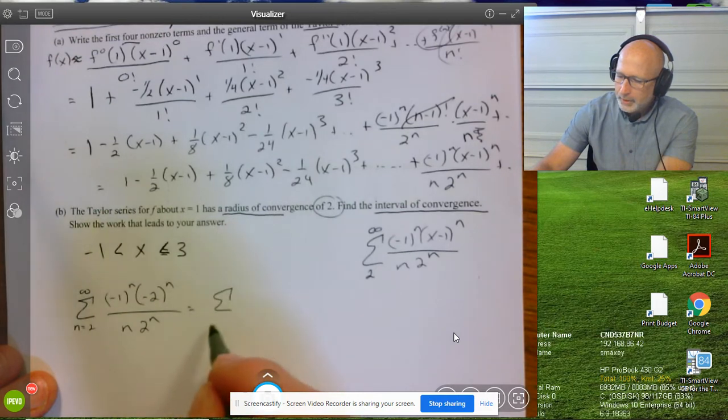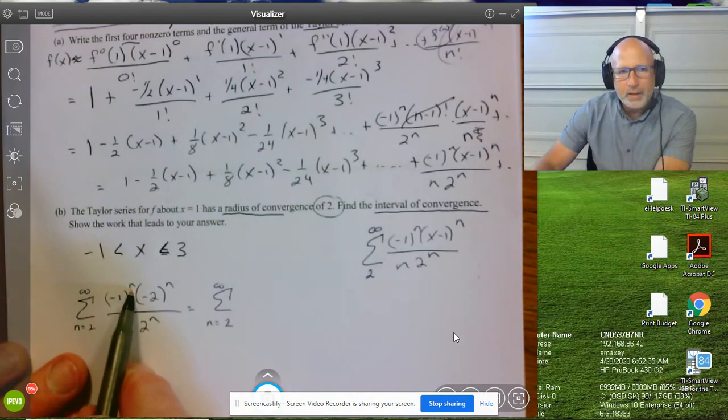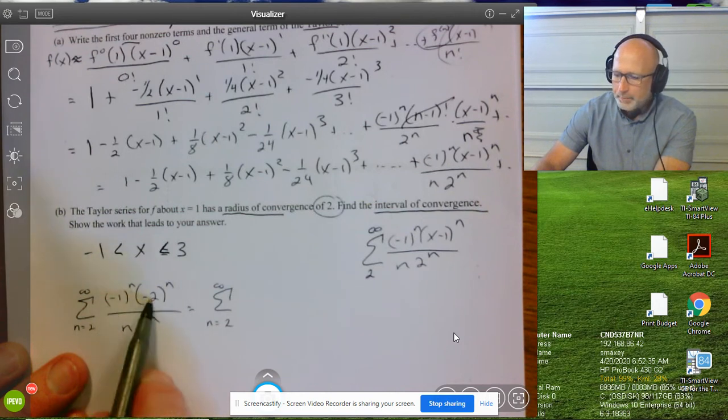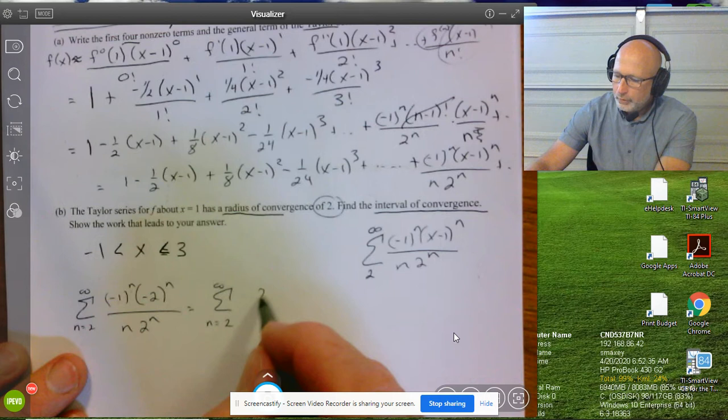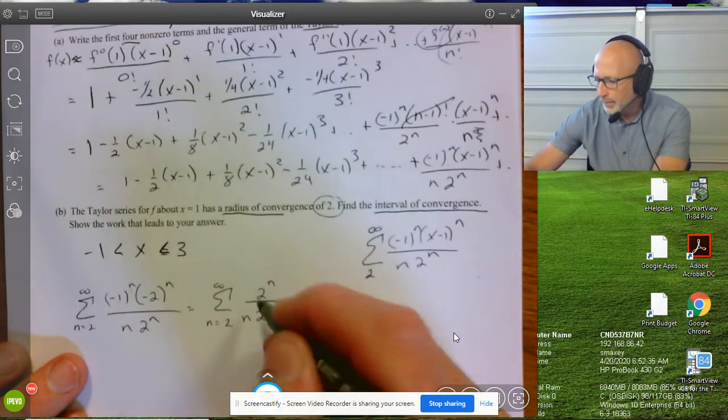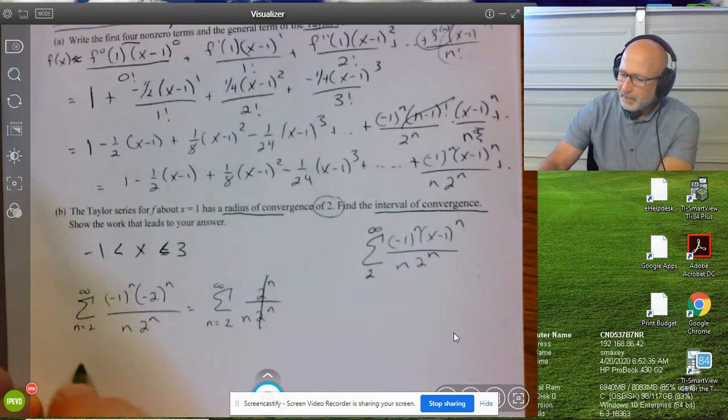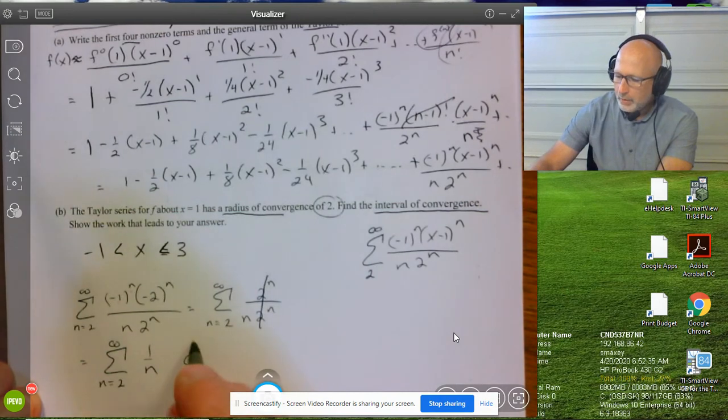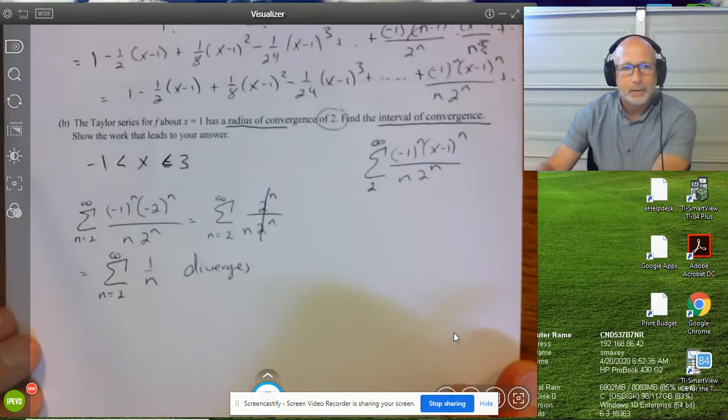Since that's the power of n and that's the power of n, I can actually combine those. So negative 1 times negative 2 is positive 2. So you have 2 to the power of n on top and n times 2 to the power of n on the bottom. Those cancel, and you're just left with the summation as n goes from 2 to infinity of 1 over n, which we know diverges by p-series or harmonic.